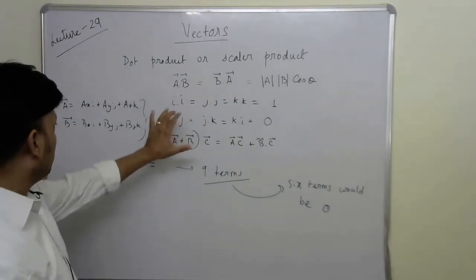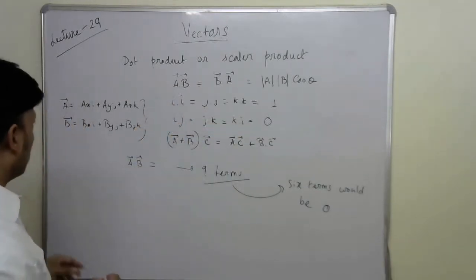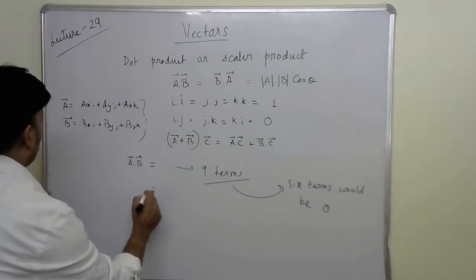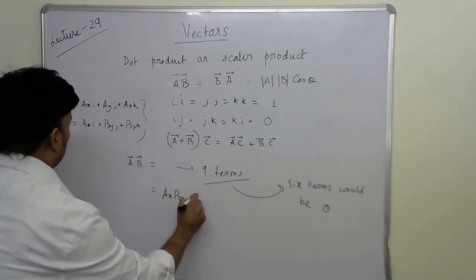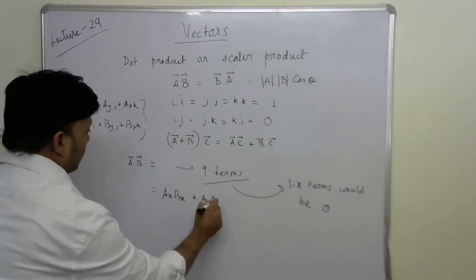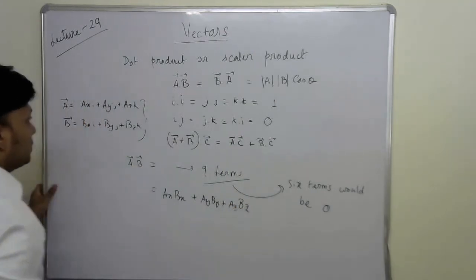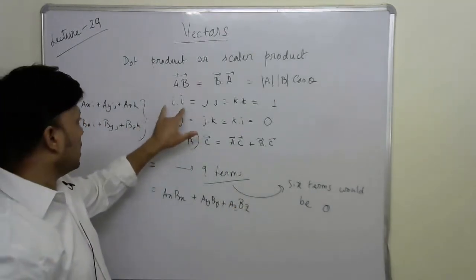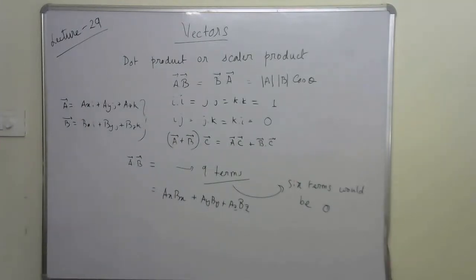So what are those 3 terms? Those are the i, i, j, j and k, k terms. So this is going to be AxBx plus AyBy plus AzBz, because you understand that i dot i, j dot j, k dot k would be equal to 1.